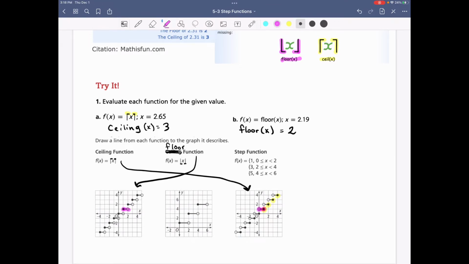All right, and the next thing that we have is just a regular step function, and that's going to be the center graph here. All right, so we have the floor function, we have the ceiling function, and we have a step function. Let's turn our page.